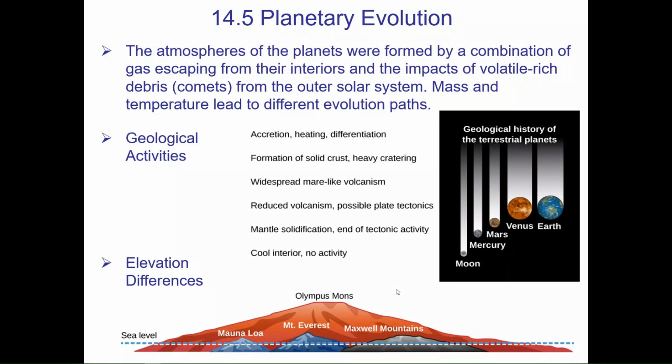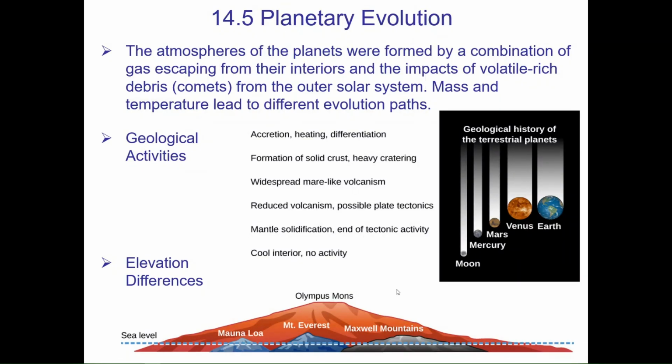Next, we talked about other planetary systems, especially exoplanets, their discovery techniques, and the differences between exoplanet systems and our own solar system. And finally, we summarized the chapter by looking at planetary evolution and how planets evolve differently right after their formation in the solar system.